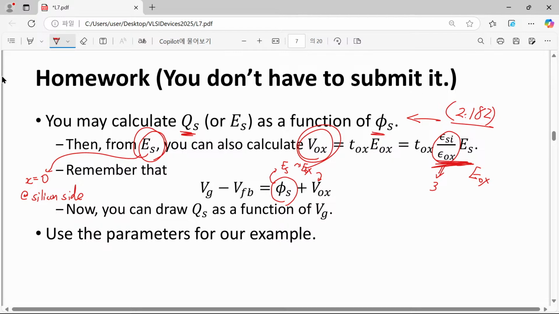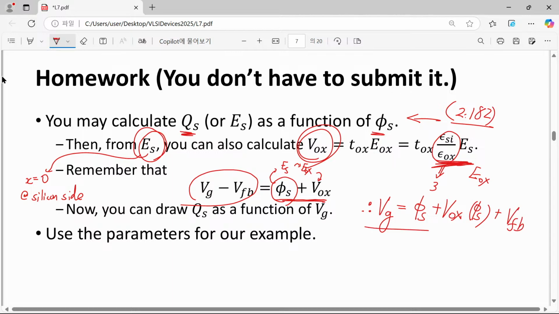Then by summing these two numbers, you will find the gate voltage difference from the flat band voltage. Then please calculate VG in this form. Of course, this Vox is a function of, once again, the surface potential, and now you have a flat band voltage. Wow, it means that starting from a given phi s value, you can always find the corresponding gate voltage.